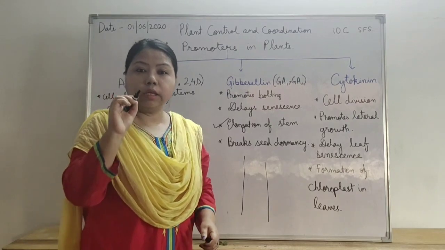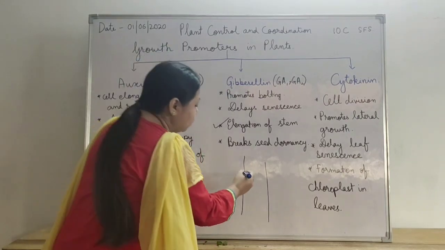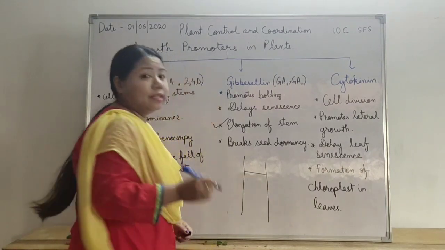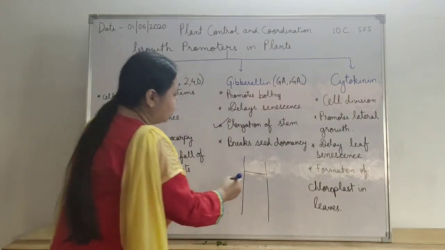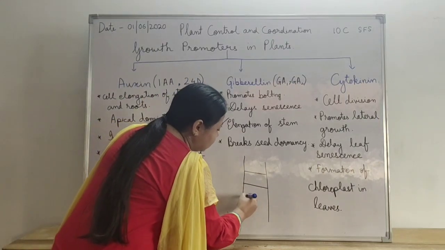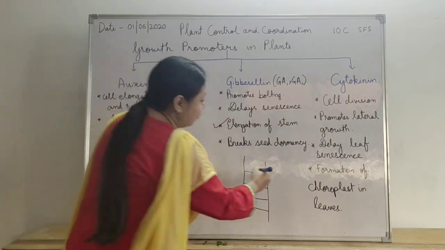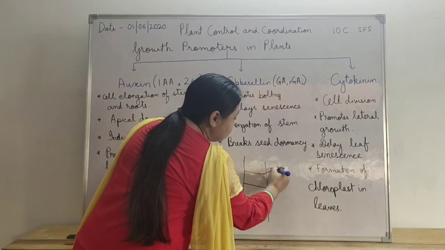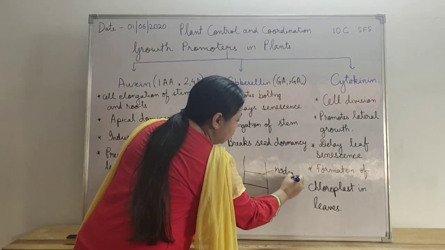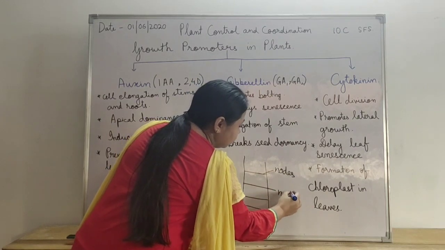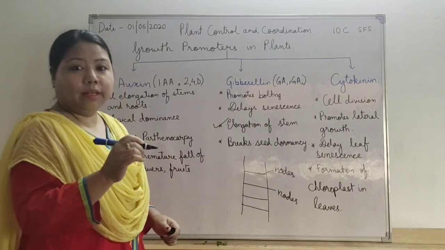All of you have seen sugarcane, fine? So we eat the stem part of the sugarcane, and you will see that the stem is having some lines, fine? So these points are called nodes. Remember, you learned this in class 9.